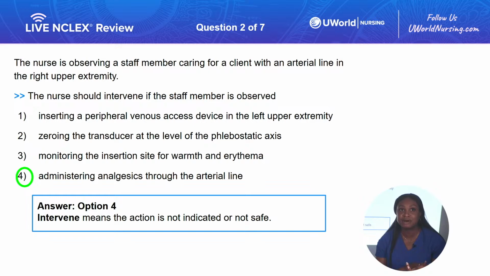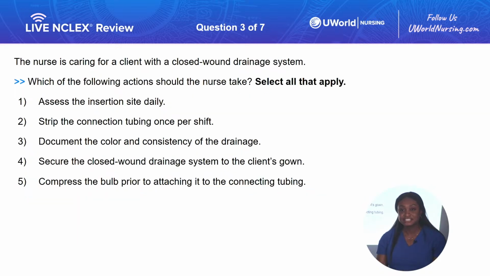And then again, monitor the insertion site for warmth and erythema, because it is a very sensitive and very invasive line. Things can go bad. It's a lot of blood going through that vessel. We don't want anything bad happening to that line. But you guys did very good. Good job, guys.